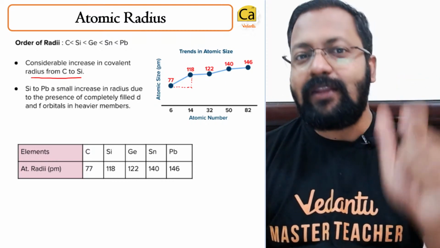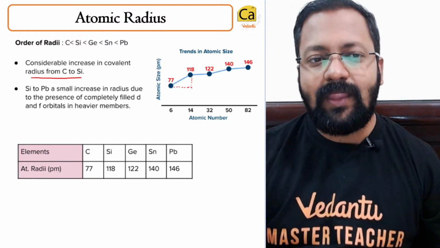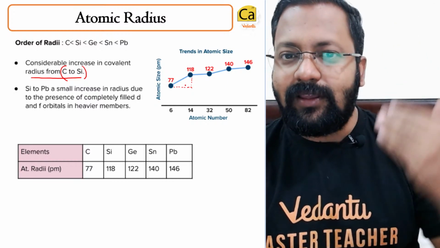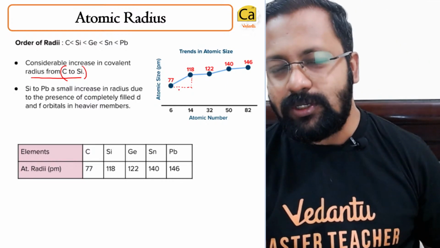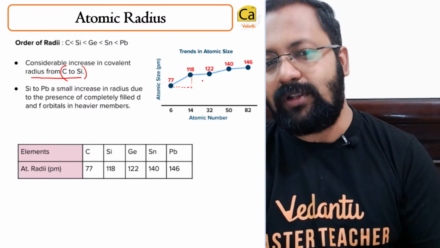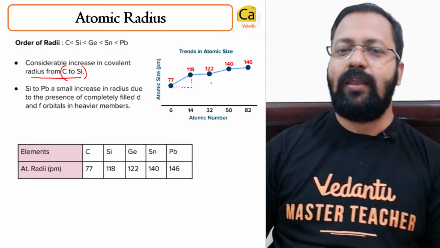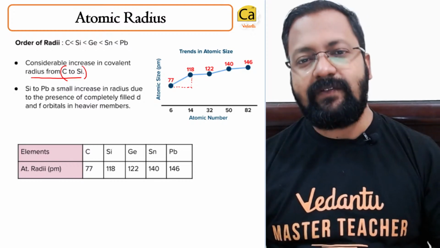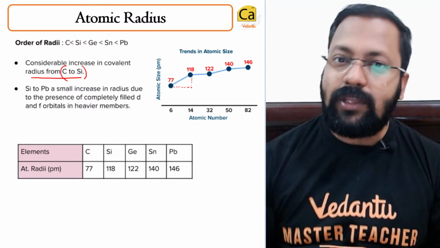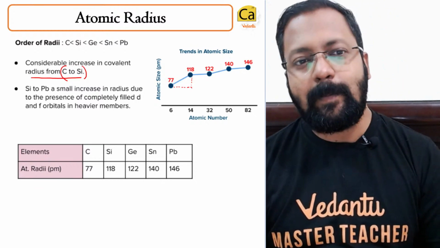So the delta in radius is quite less. As you move from carbon to silicon, the increase is huge, but going from silicon to lead, the increase is not that much. अब देख रहे हो बहुत कम increase हो रहा है. However, there is an increase. Nevertheless, there is an increase. So we will go with the idea that as we go down the group, the size of the atoms increases.